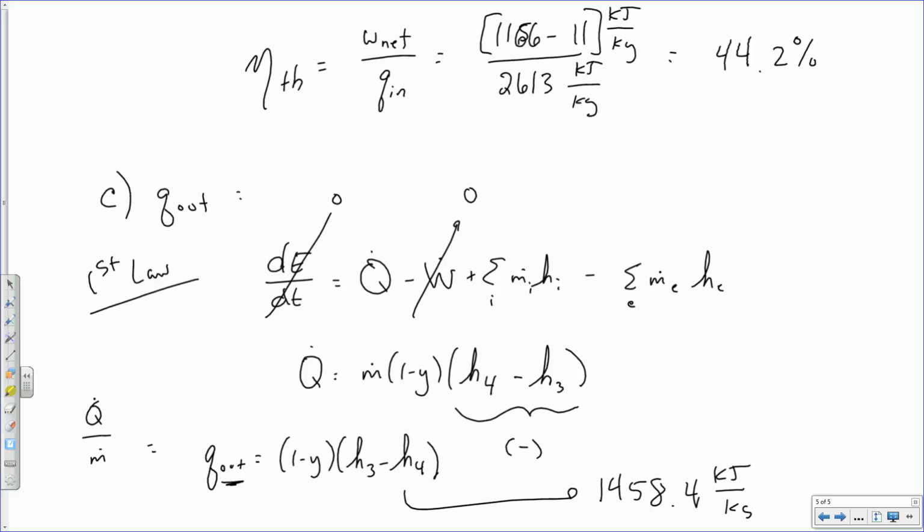So what happened here when we were solving for Q out, because generally we consider heat transfer out of our system as being a negative quantity, and that would have agreed with how we had originally set up the equation, m dot times 1 minus y times h4 minus h3. H4 is less than h3. This would have been a negative quantity.